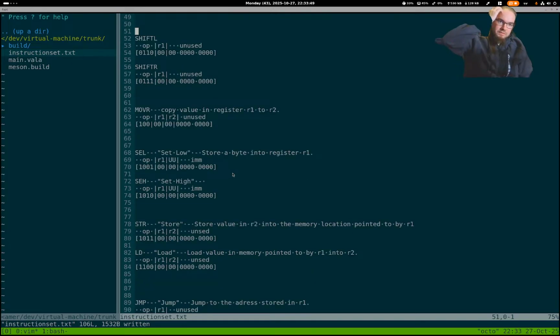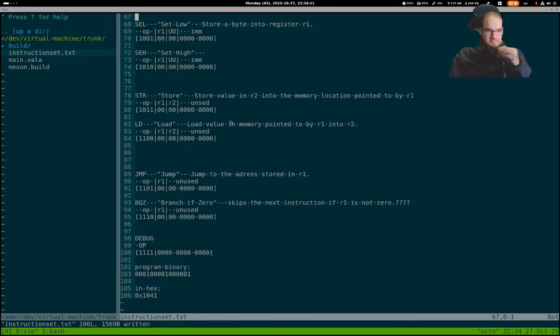Move does move. Shift right, shift left, shift right, shift left.